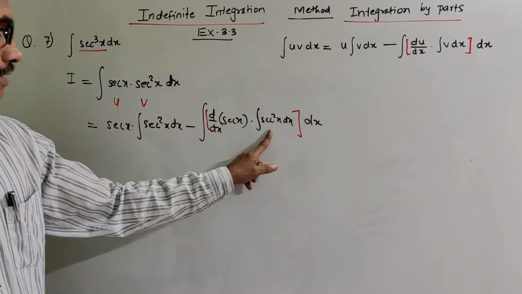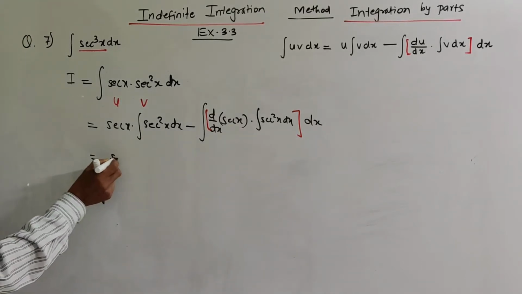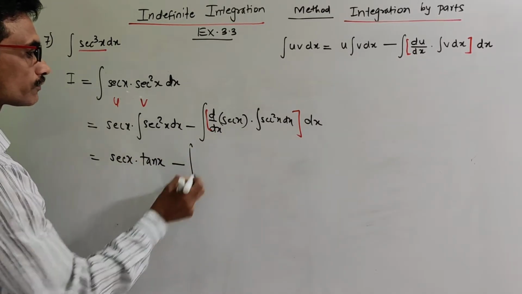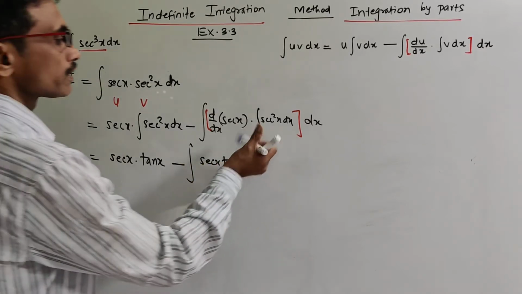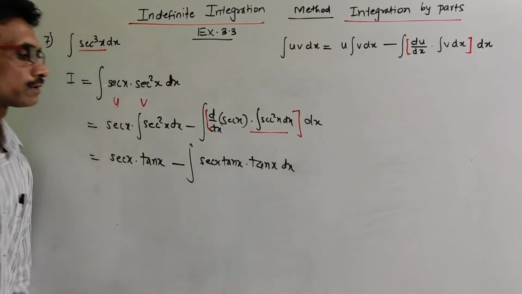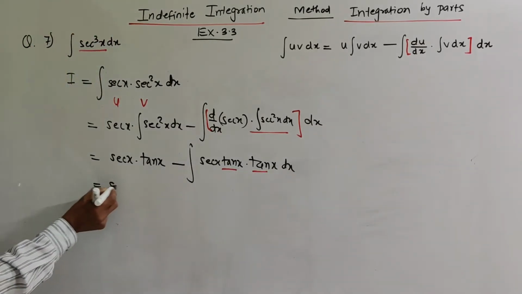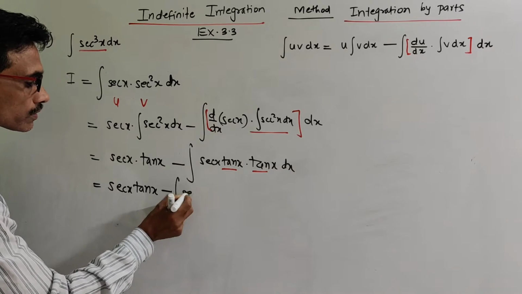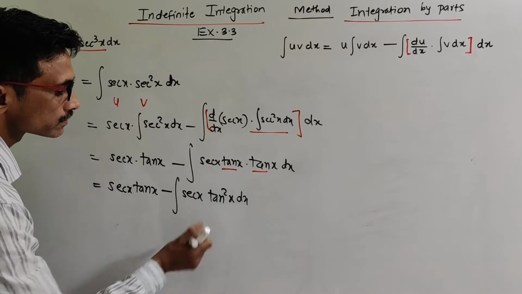Now integration sec square x is tan x, so we write it sec x, this is tan x, minus integration of derivative of sec x is sec x tan x, and this integration sec square x is tan x dx. This tan x into tan x will become tan square x, sec x into tan x minus integration of sec x into tan square x dx.